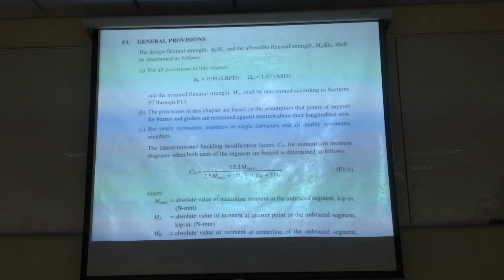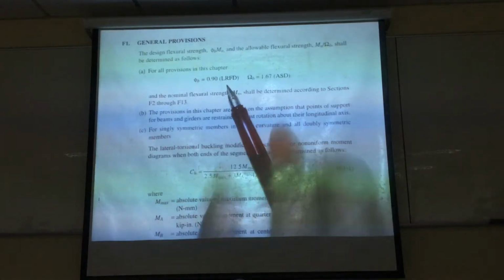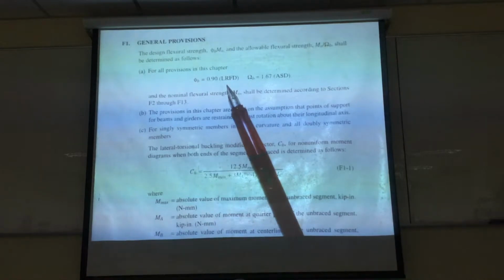In contrast, for LRFD, you find that LRFD isn't changing. The strength reduction factor for the beam, which is the ductile failure mode, is still 0.9. It's not changing. For LRFD, you have two parts.